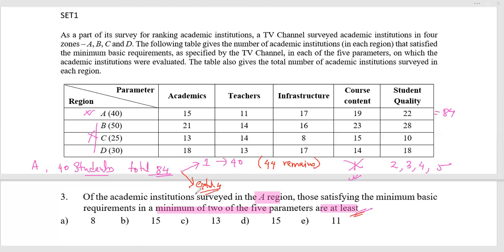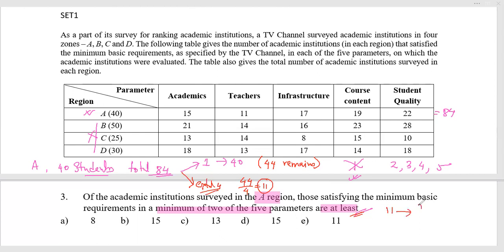Because the students who receive another 4 chocolates will actually have 5 chocolates in all, since they have already received 1. And that extra 4 I want to divide from the 44 remaining. So 44 by 4 means 11 students will receive 4 chocolates each, and they have already received 1 chocolate.